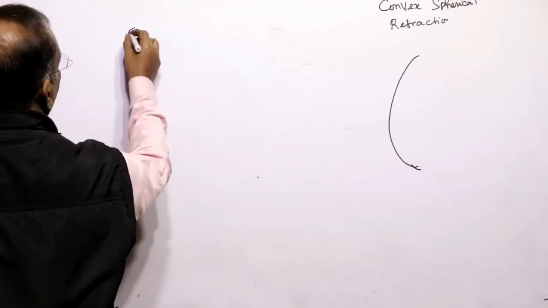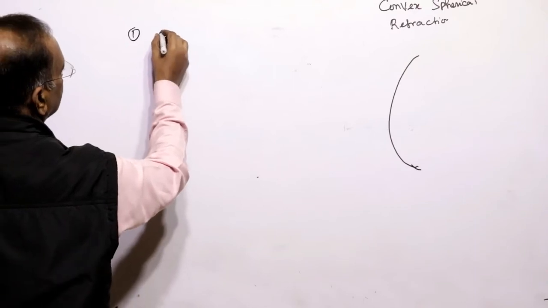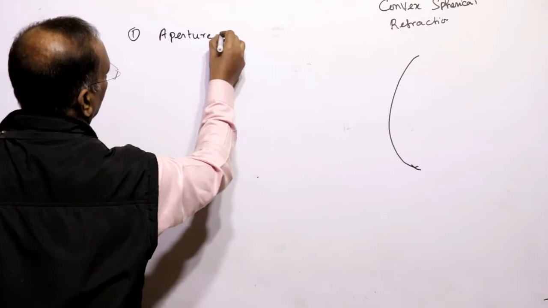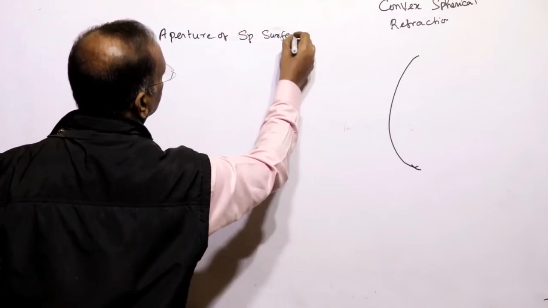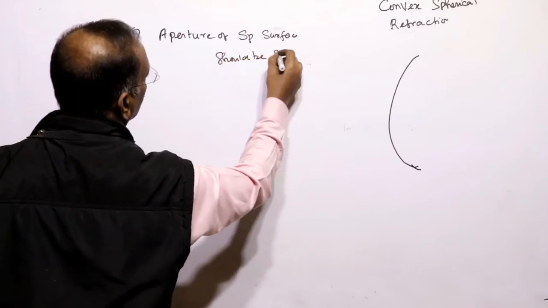For deriving this equation, the aperture of the spherical surface should be small.